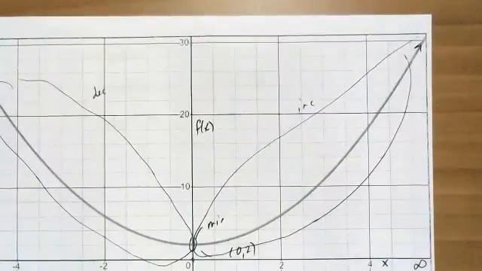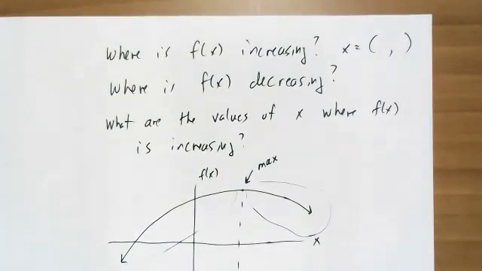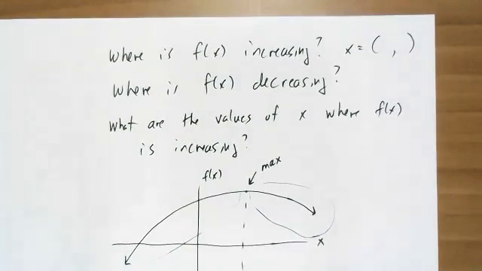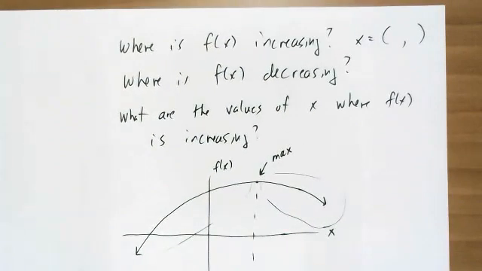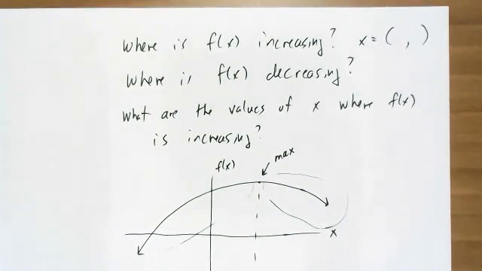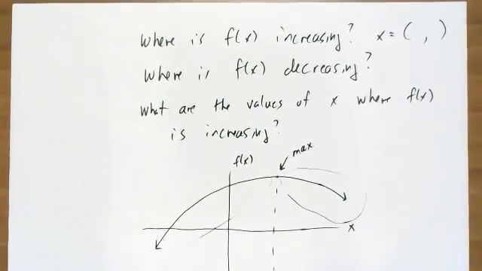Now let me explain one other concept that has pretty much the identical meaning, but the words are different. You need to understand that because this becomes an important part of calculus.